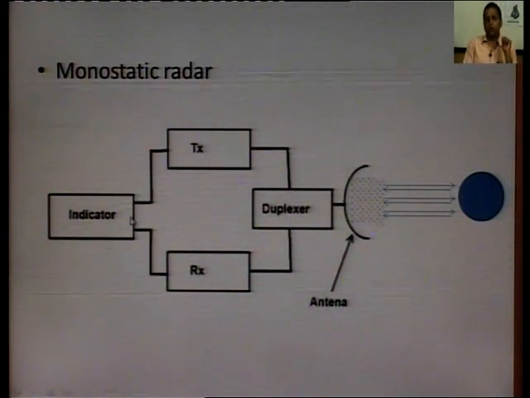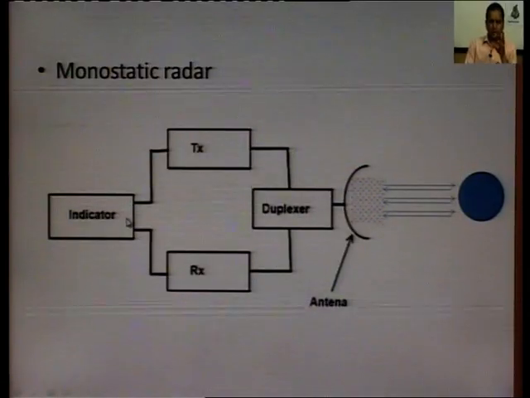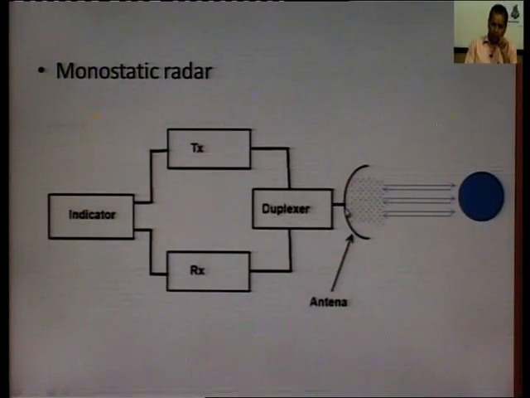The total time difference between the signal transmitted and the signal received is calculated, and that time gap is the time taken by the signal to travel from the antenna to the object and then from the object to the antenna.